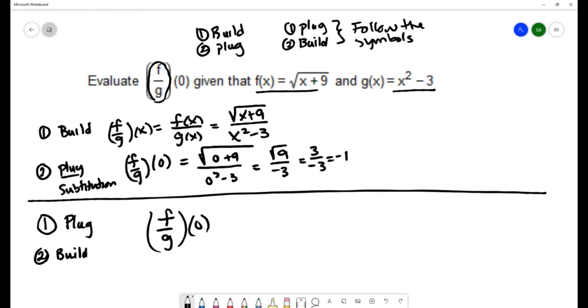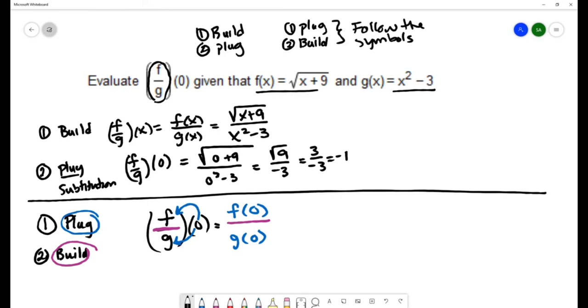So when we plug, what we're going to do is we're going to plug a 0 into f, and we're going to plug a 0 into g. So that's plugging first. And then to build, we're going to follow what the name of the function is. We're going to divide our answers. So we're going to do f of 0 and g of 0. That takes care of the plugging. And then we're going to divide those answers, and that takes care of the building part.